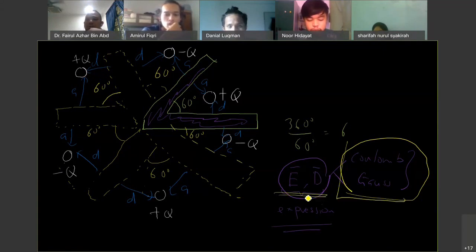That's why in a boundary condition, let's say we have two layers of dielectric, for example. We expose the first dielectric to a certain value of electric field, and then the electric field will travel from one medium to another, medium 1 to medium 2.